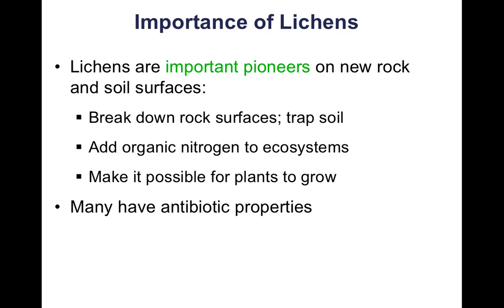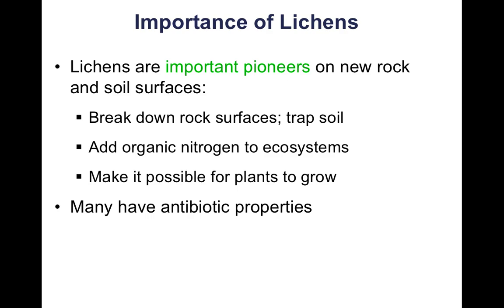So they can start growing in areas where there's no soil, no plants, such as when a glacier recedes from an area, and they can start putting organic material into the environment and breaking down the rock into smaller bits, making the soil that will facilitate the mosses and the liverworts and some of those basal plants to start colonizing that area. So they're very important pioneer species.